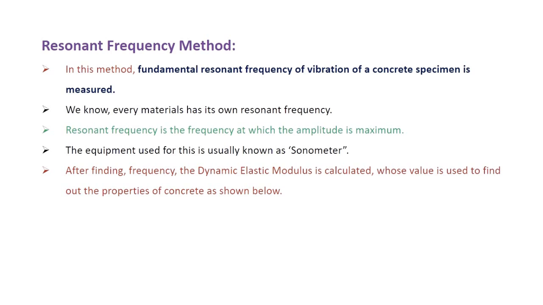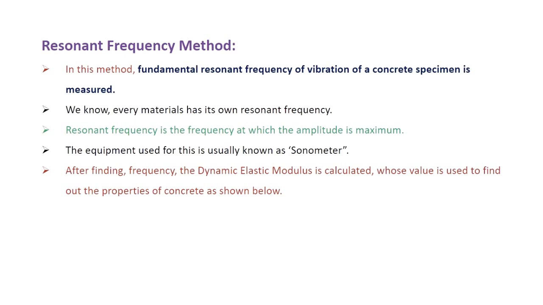So that helps us to differentiate a good concrete from a bad concrete, or a high strength concrete from a low strength concrete. We already know what would be the value of a good concrete. So we have a graph, and using that graph you can easily find out by using the dynamic elastic modulus.